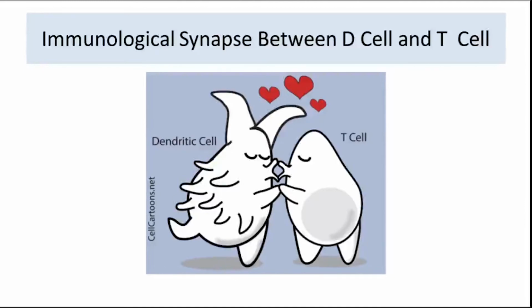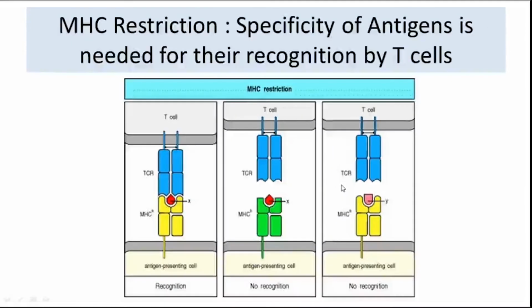If the T cell recognizes the kind of antigen being presented by the dendritic cell, there would be a kind of immunological synapse which is going to lead to the priming of the T cell, or maturation of the T cell further. And there can be certain major histocompatibility complex restriction, and in that way all the antigens are not going to be recognized by every T cell.